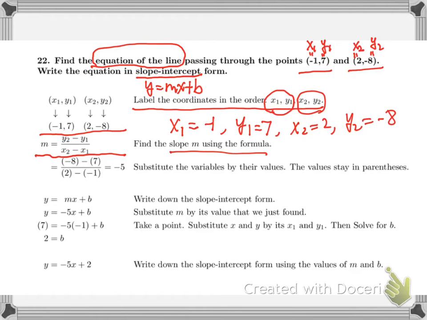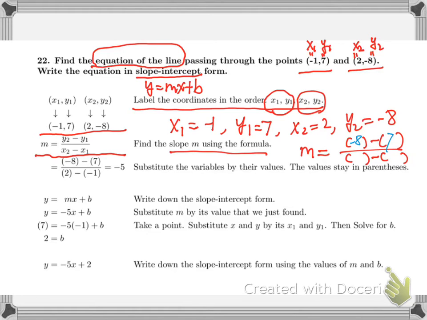When you calculate it, you have to be very careful. My suggestion is you first put in 4 parentheses before you put in the numbers. It's a subtraction divided by a subtraction, and then you look at what's inside the parentheses. The numerator is y2 minus y1, so y2 is negative 8, minus y1, 7.